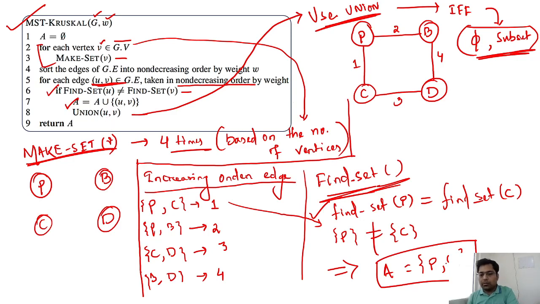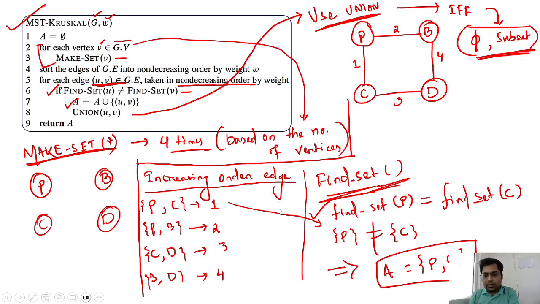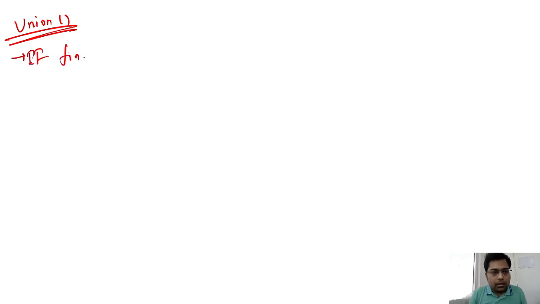This is by default a union operation, and we can perform union operation here for the first time. First of all, we must go for find set with the union operation. I must write here union. In case of union, once the find is done, then the union operation.